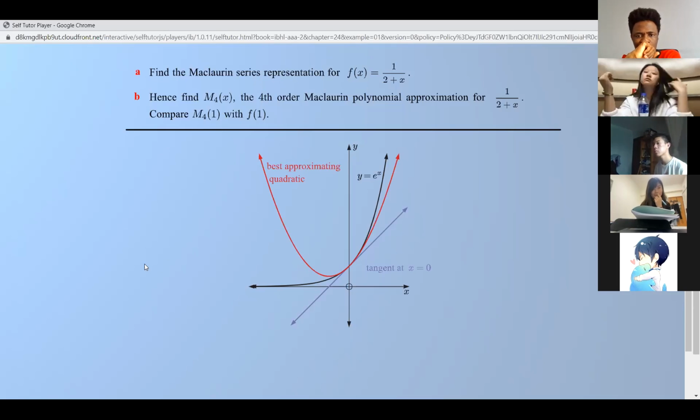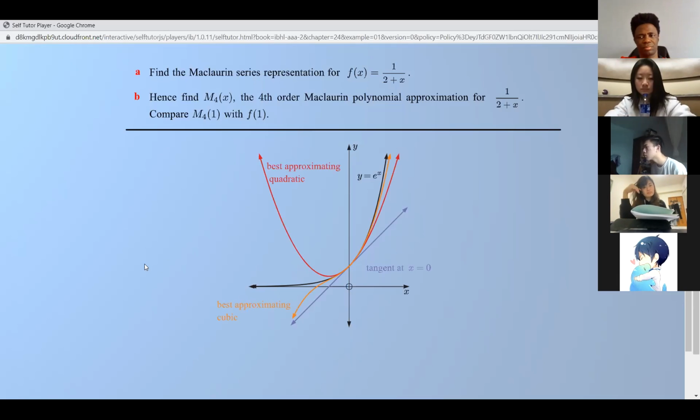If we also use the third derivative at that point, we could improve our approximation to the curve further using a cubic. Using this process with the value of the function and its first n derivatives at x equals 0, we can generate the nth degree Maclaurin polynomial approximation for the curve.